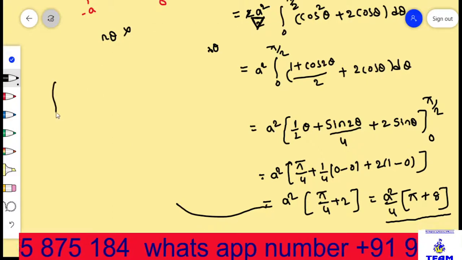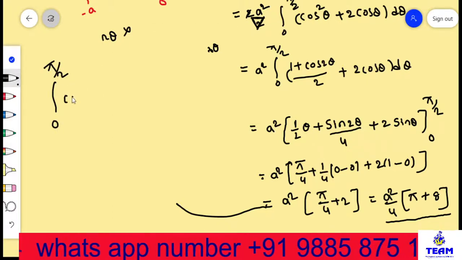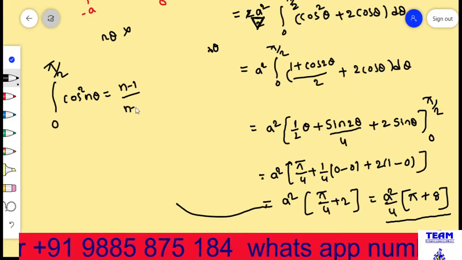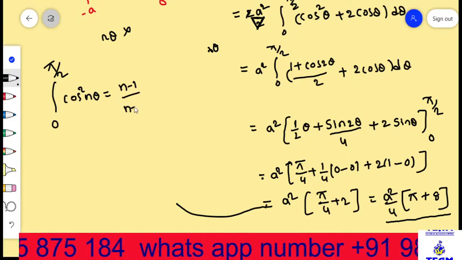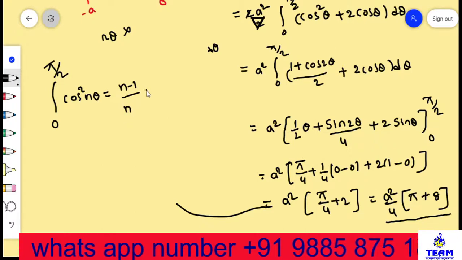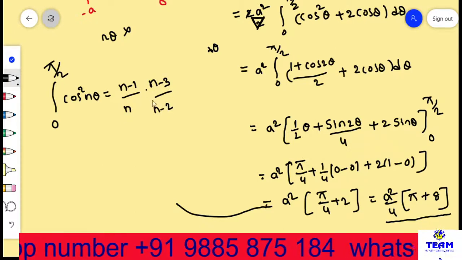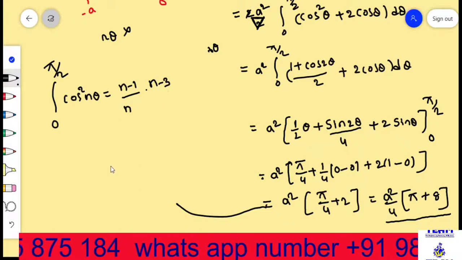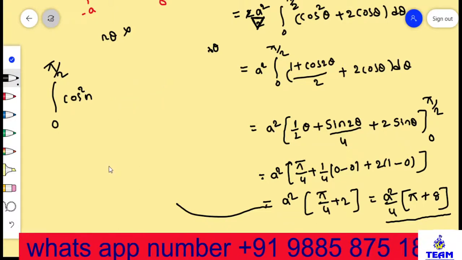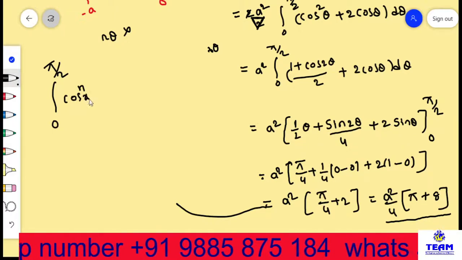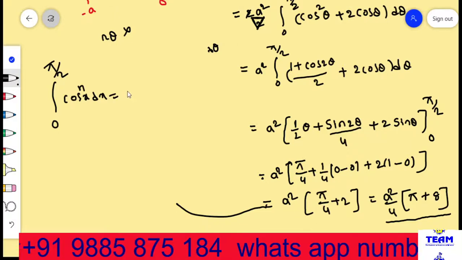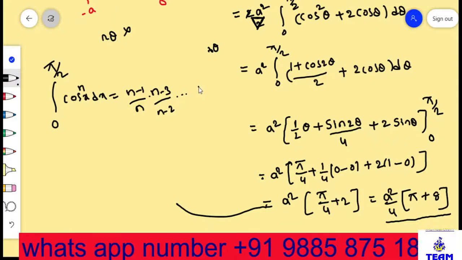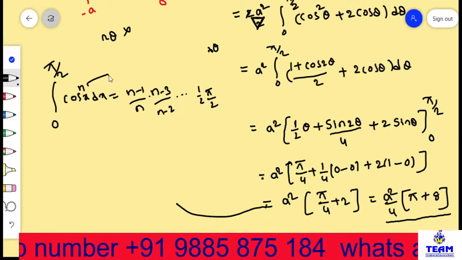Friends, you see we have a formula: integral from 0 to pi by 2 of cos to the power of n x dx is equal to n minus 1 by n into n minus 3 by n minus 2 and so on into 1 by 2 into pi by 2, if n is even.